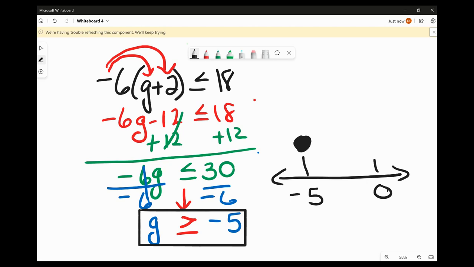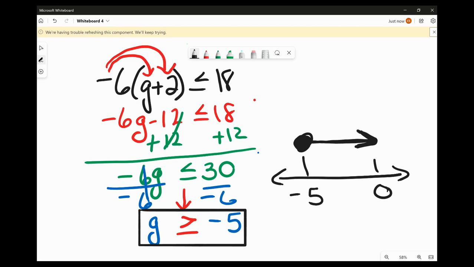Now I follow the arrow. Since the variable's on the left, I can follow what the arrow's saying, which is go right. All my solutions are to the right because all my solutions are greater than or equal to negative 5, and those numbers are to the right of negative 5. So this is how it would look, and that's how you would solve that.